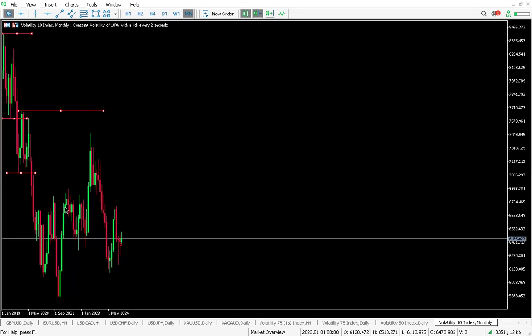Now we can see that we had a break of this as well. So we anticipate that price is definitely going to pull back, and we did not see the pullback. We can still consider this as the pullback, but we'll still get to this point, right?